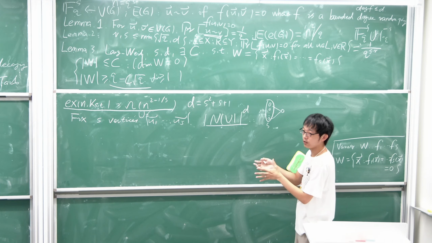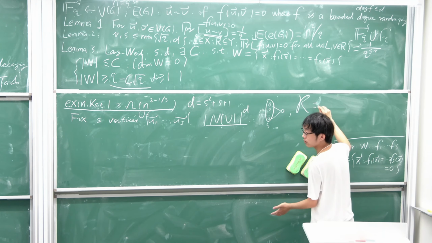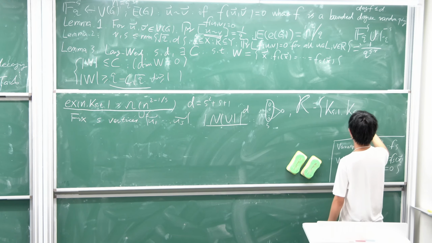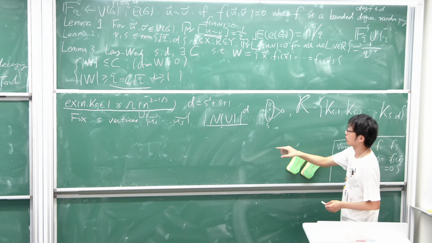That means there will be a large collection consisting of K_{S,1}, K_{S,2}, up to K_{S,D}.